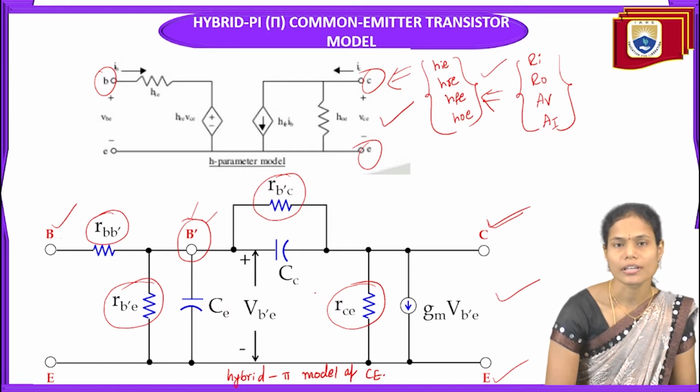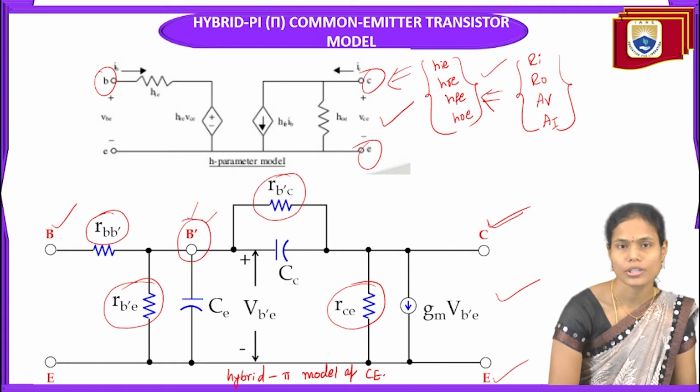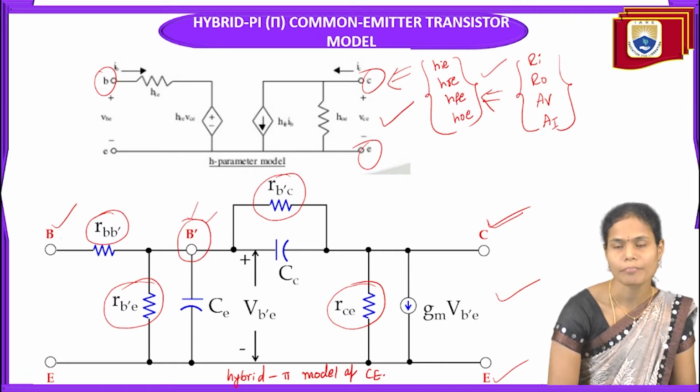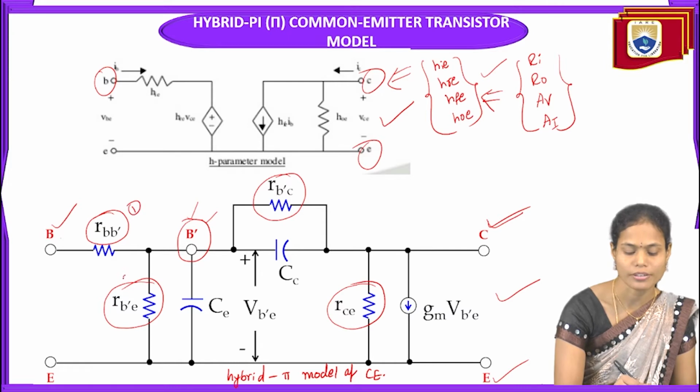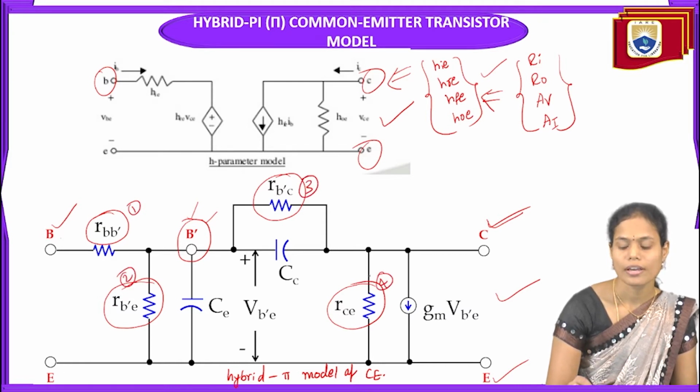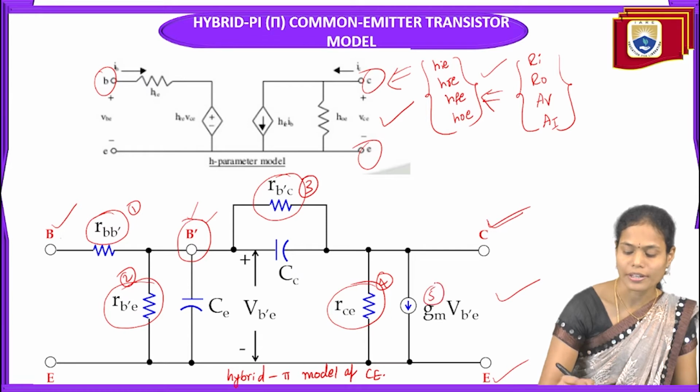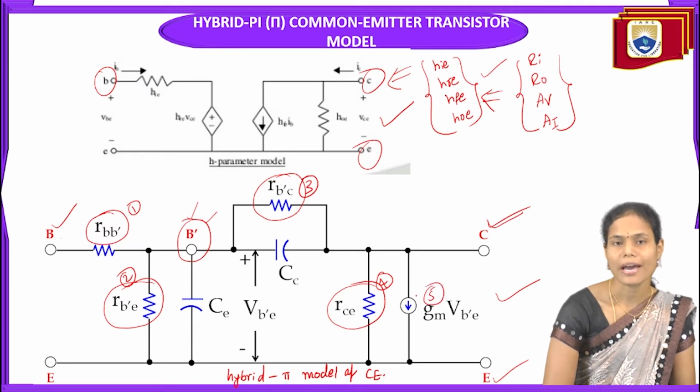Because of adding one extra terminal, different resistances are spread in the circuit, so in the hybrid pi model we calculated the conductances related to these four resistors, as well as the transconductance GM. We derived these parameters in the last session.